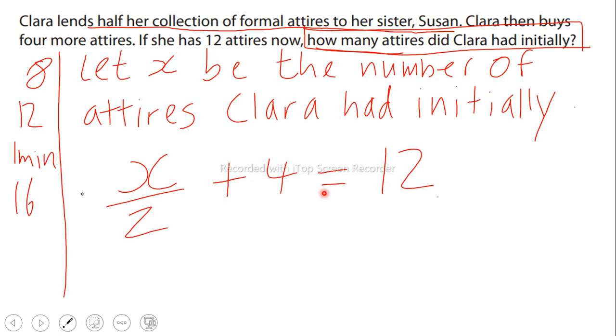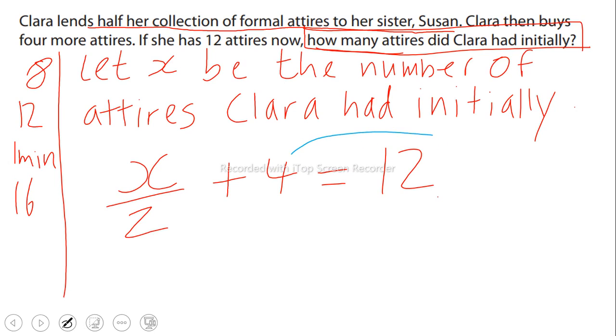No, sir. You sure? No, sir. Alright. So let's solve it. What we're going to do to solve it? Carry the 4 over.